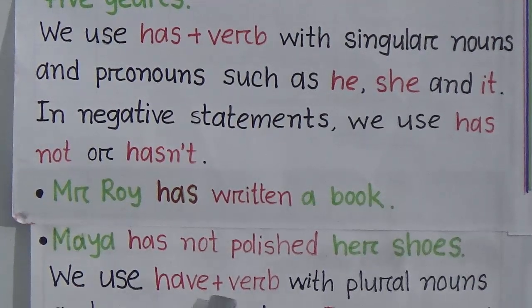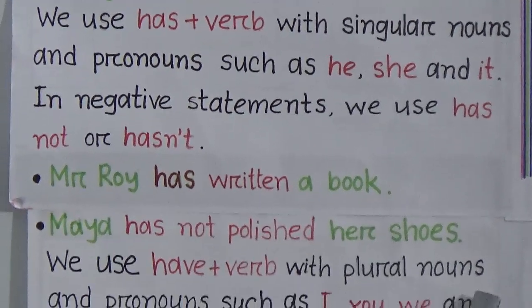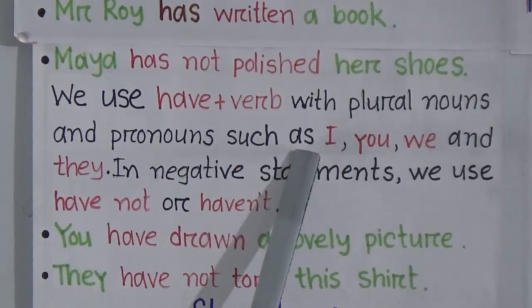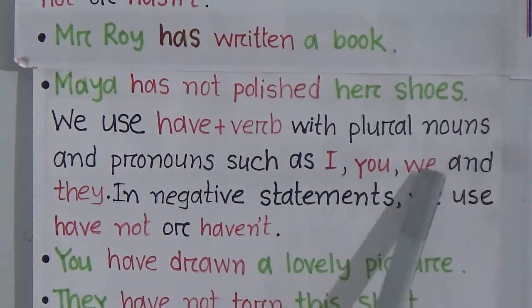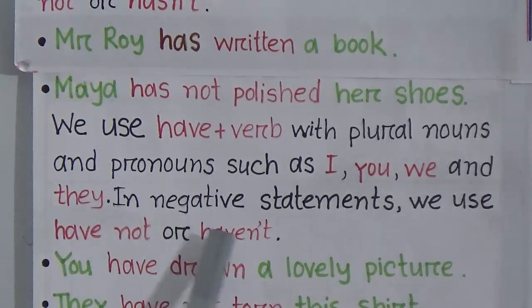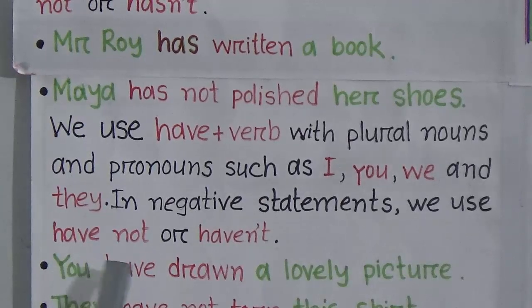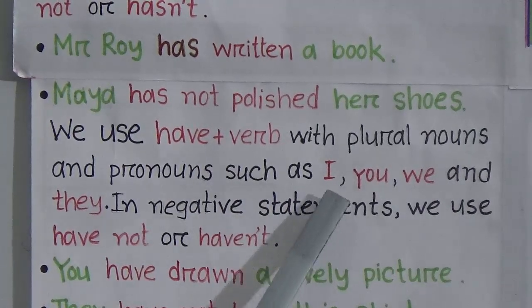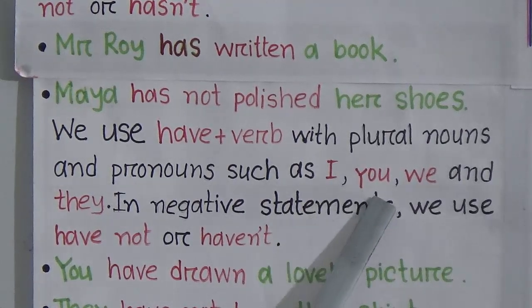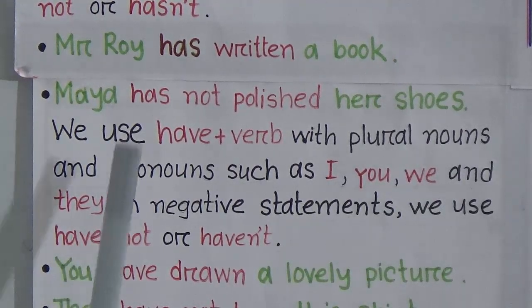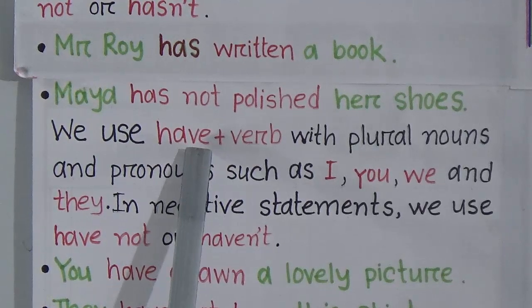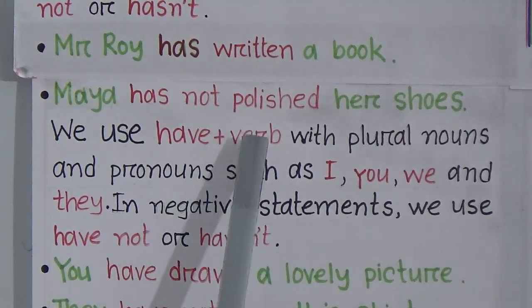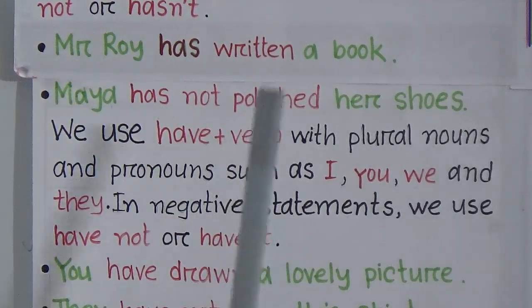We use have plus verb with plural nouns and pronouns such as I, you, we and they. In negative statements, we use have not or haven't. Students, when you find the subject I, you, we or they, you have to use have, and then the verb in past participle form.